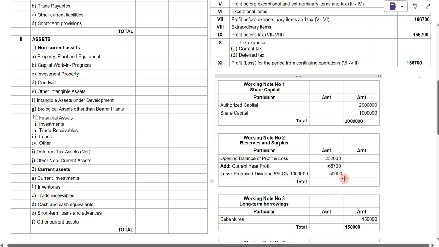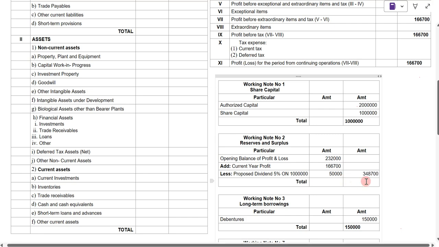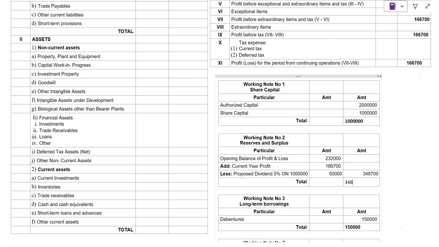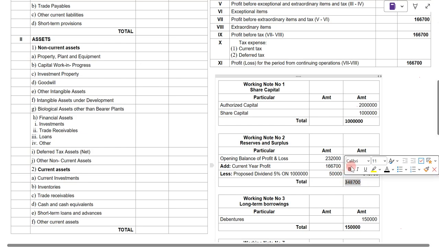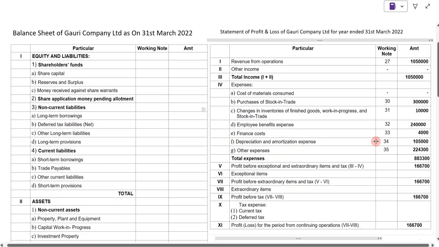So we get 3,48,700. Now the total of note number 2 will be 3,48,700. Clear? Now the balance sheet and profit and loss account we have prepared.